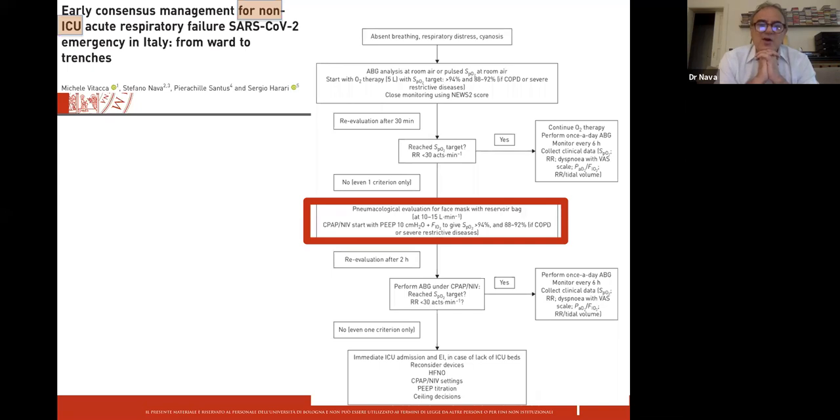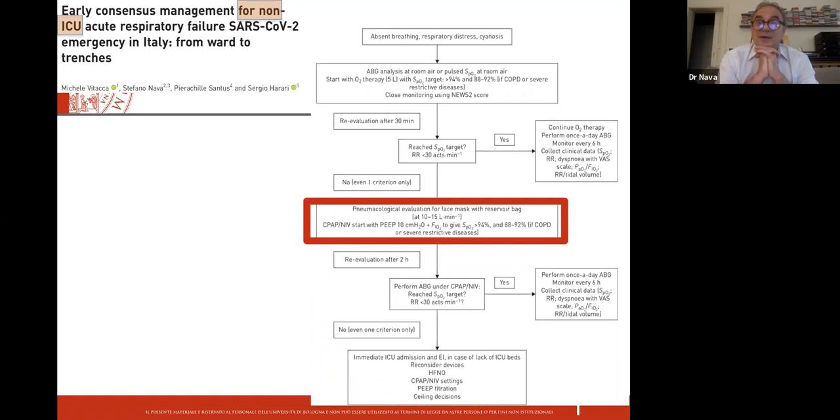In early March, we published this flowchart in which, for the first time probably, we suggested the use of CPAP or NIV in patients not responding to oxygen therapy.